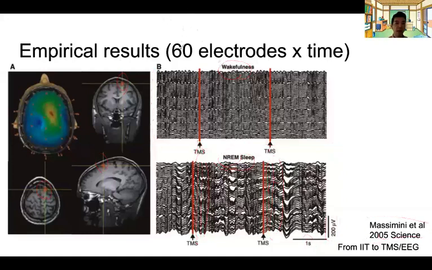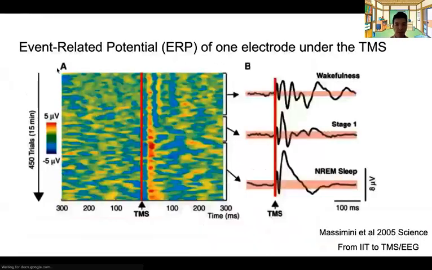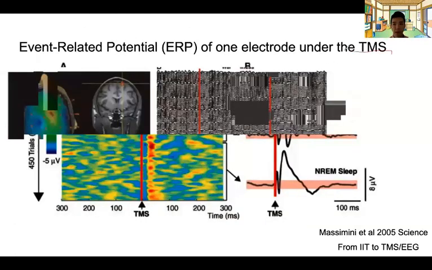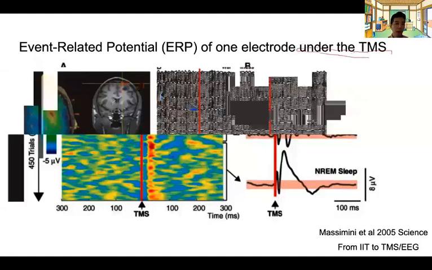So what they did is average across the trials, focusing on one particular electrode just under the TMS stimulation. Here's the smooth average of the electrical activity evoked by the TMS.